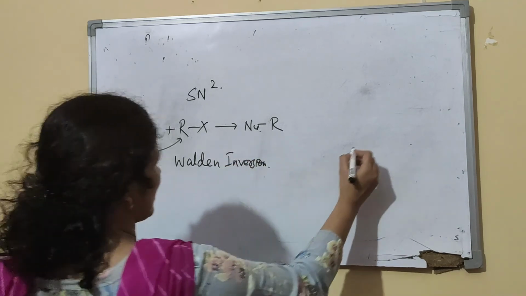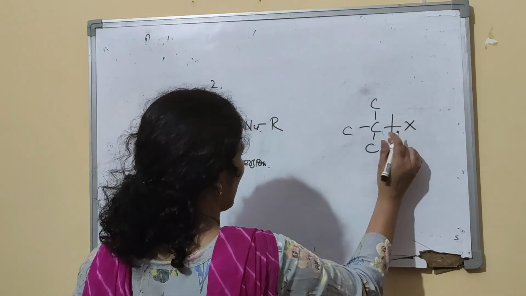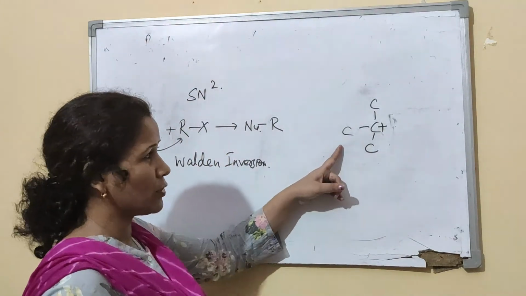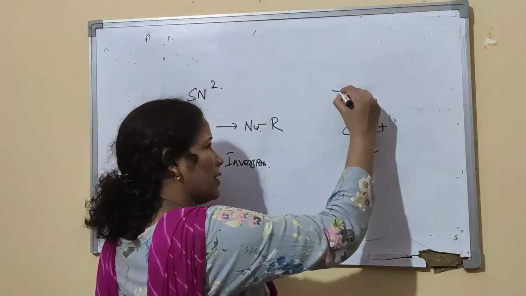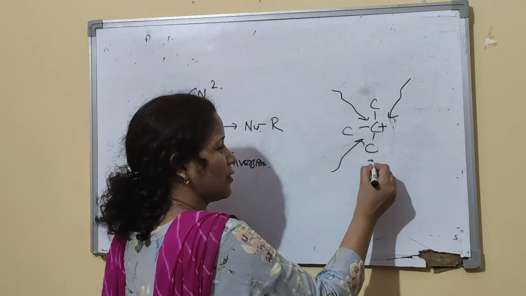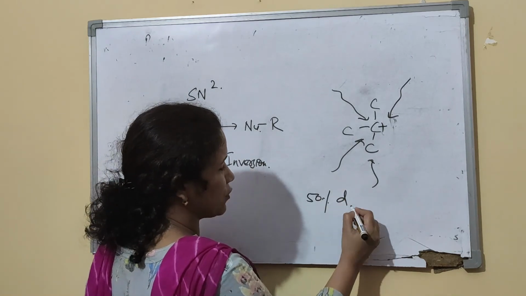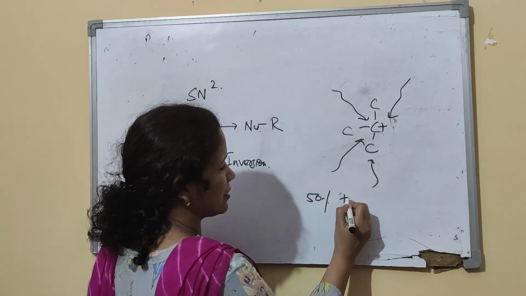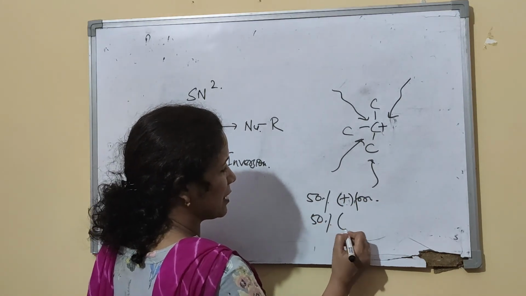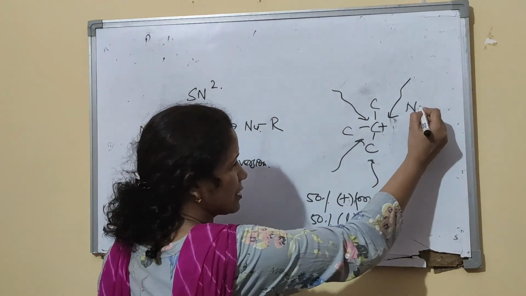But when we say it is a 3-degree carbon, I told you it will break and you will get a carbocation. This carbocation, the nucleophile can come via this, can come via this, anywhere. So it can make 50% dextro form, we will write dextro as plus, and 50% levo form, depending on where the nucleophile is coming from and getting attached.